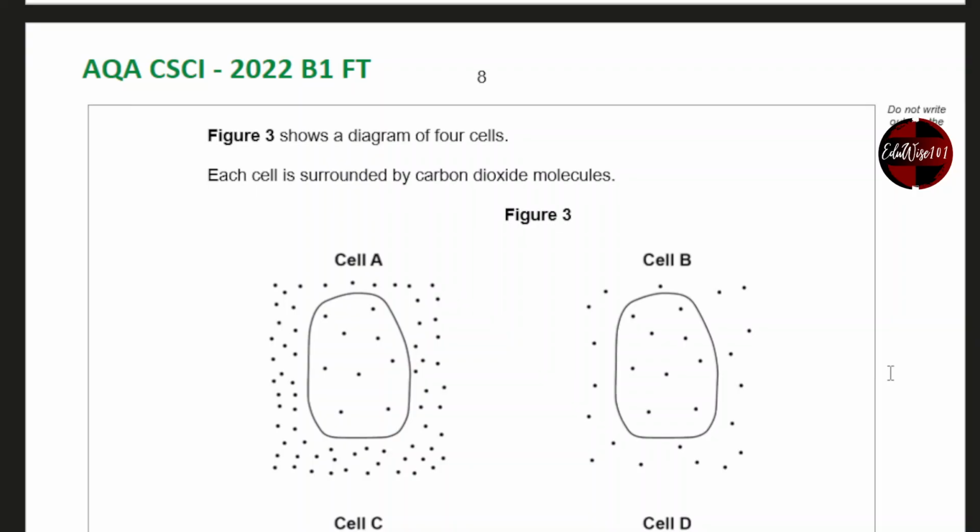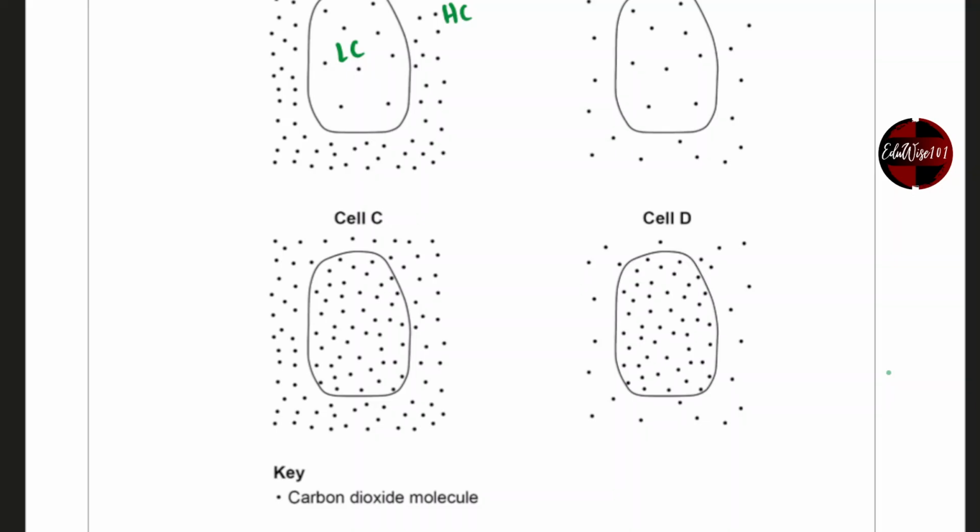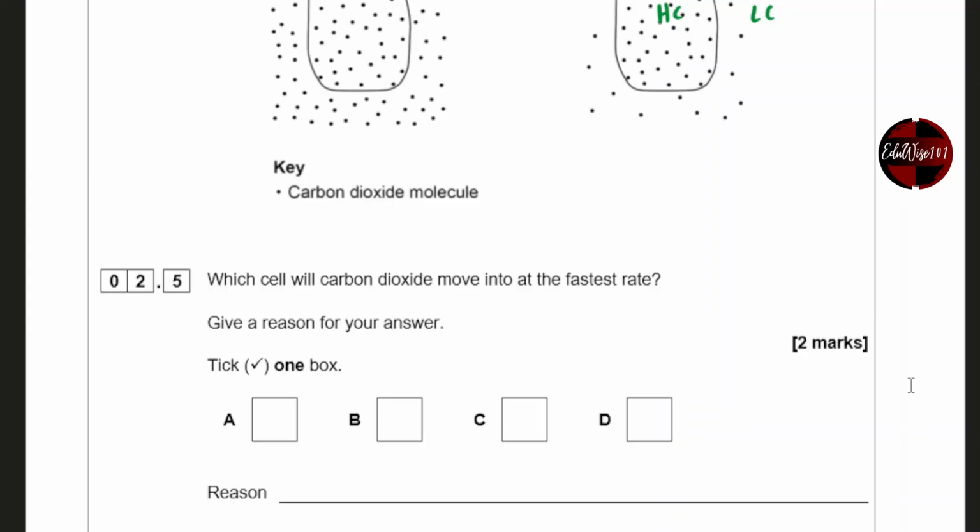Figure 3 shows a diagram of 4 cells. Each cell is surrounded by carbon dioxide molecules. So that's low concentration, high concentration. These are all carbon dioxide molecules. The concentration looks to be the same on both sides. And C, it looks to be the same on both sides. And D, it's high concentration on the inside, low concentration on the outside. Which cell will carbon dioxide move into at the fastest rate?